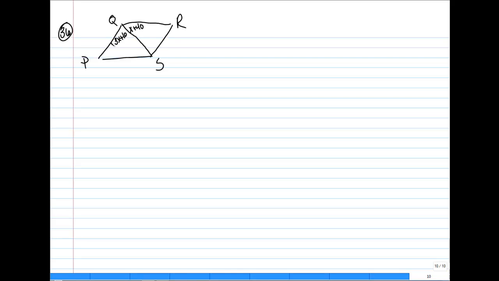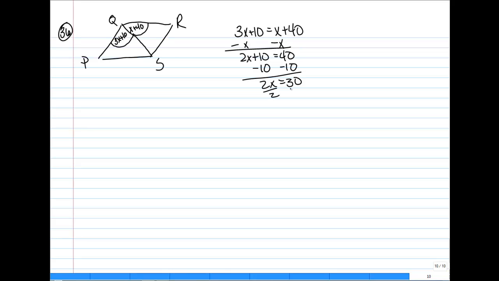Don't forget that this bisects this, so both of these angles are congruent. So 3x plus 10 is equal to x plus 40. Move your x over. Move your 10 over. Divide by 2. X is 15.